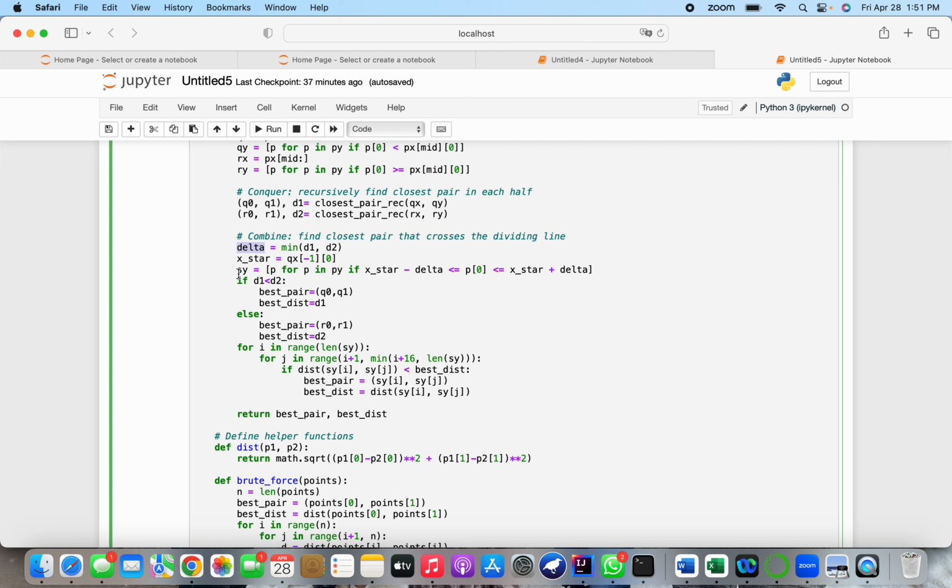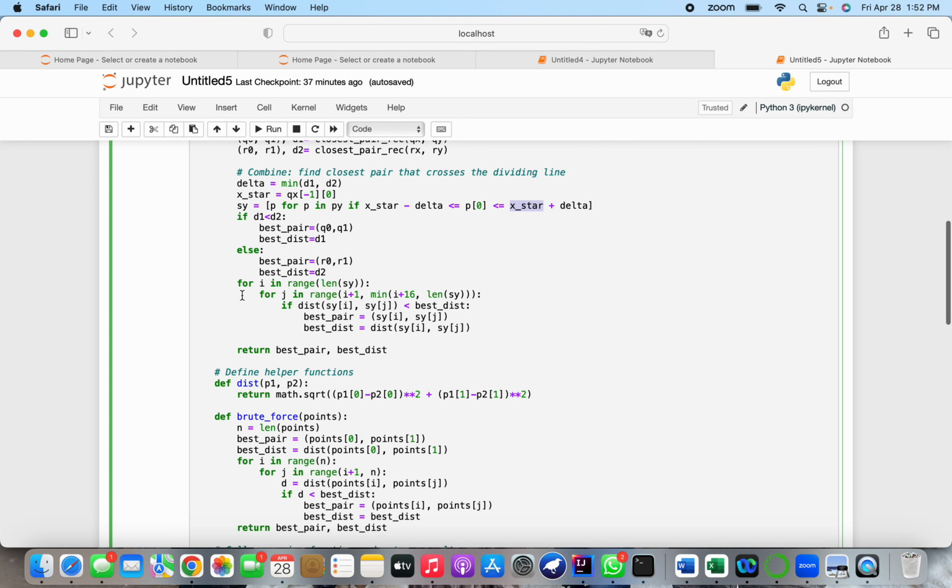After that we check the points within the radius of delta from the median, and we sort those points by y coordinate.